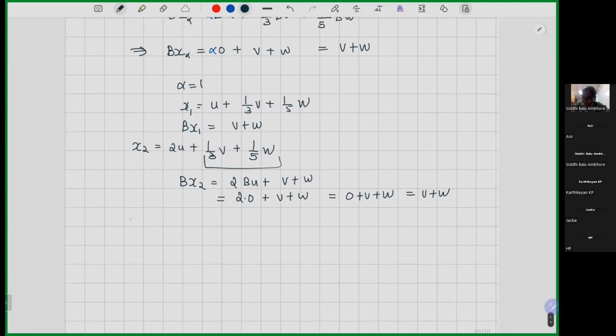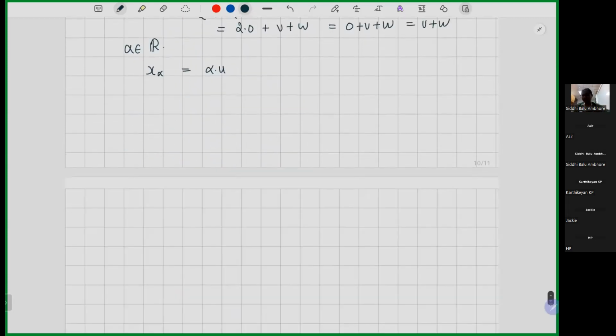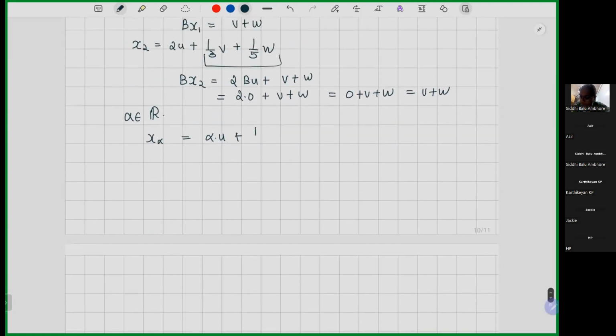Give me any alpha in R, x alpha equals alpha u plus 1 by 3 v plus 1 by 5 w. This holds, right?